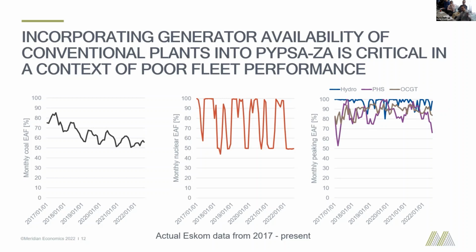So really capturing this drop in performance of the coal fleets and getting that into the model, as well as the challenges that we've had in the nuclear fleets over the last 3 or 4 years. And then even your peaking assets, which typically obviously have a much higher availability, but capturing that within the model as well.